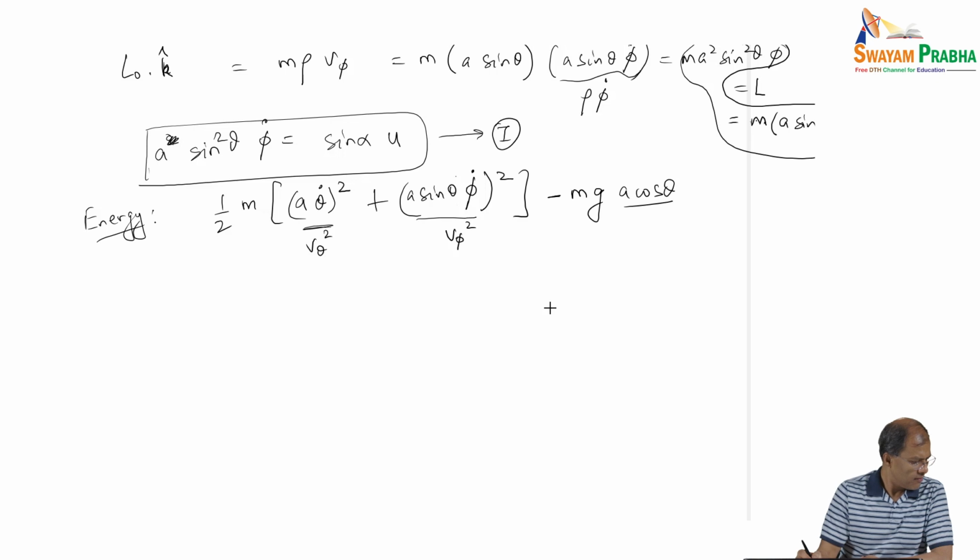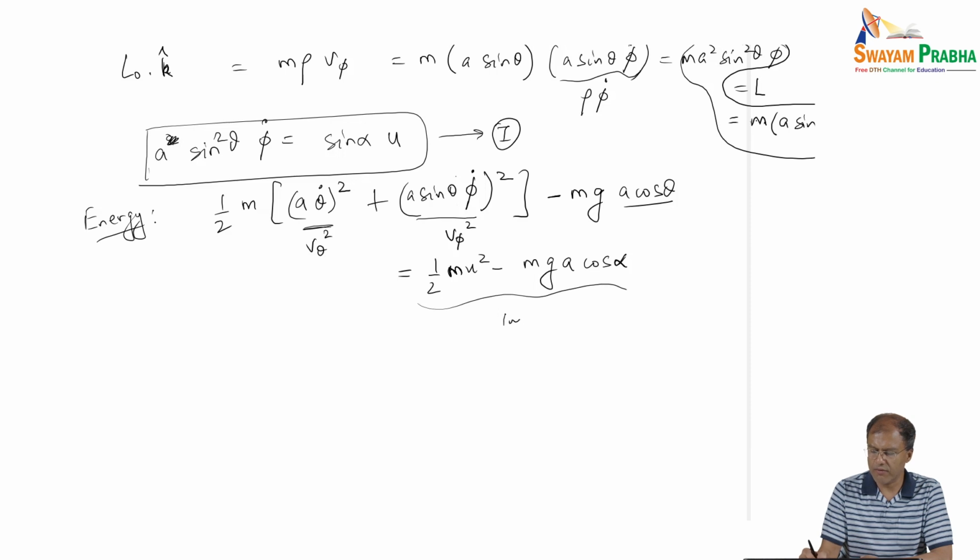This is equal to the total energy, which from the initial condition is half m u square minus mga cos alpha. So this second equation is my energy conservation.